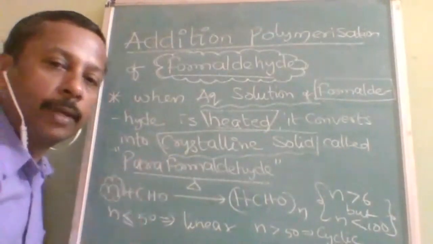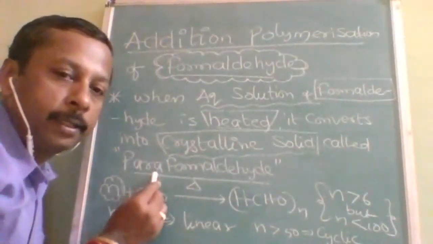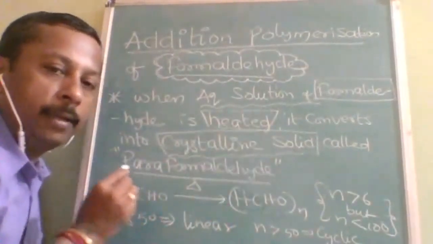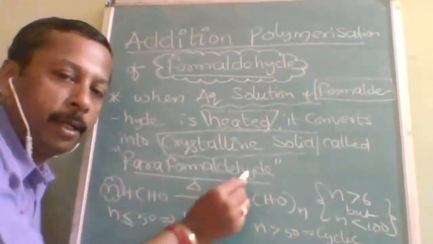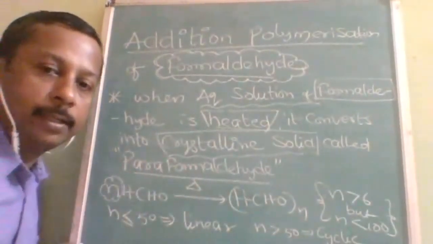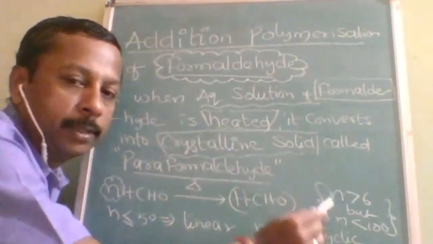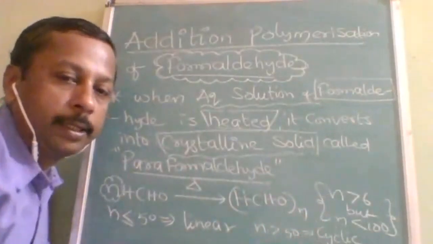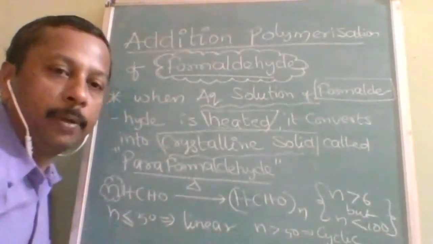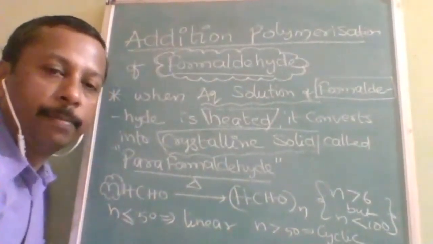I think all of you have noted this, and these are direct objective questions. Mainly I am anticipating paraformaldehyde. Nowadays there are integer type questions, and these may be based upon 6 and 100, based upon 50, based upon 50 cyclic polymer. So as per the question, you have to be prepared.